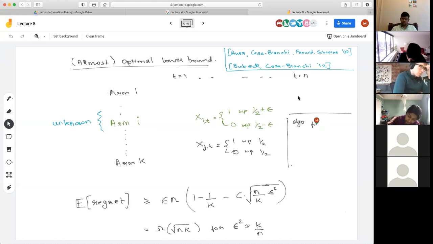There are algorithms which give square root n times k times log k, I think. There is a little bit of contest about the log k.